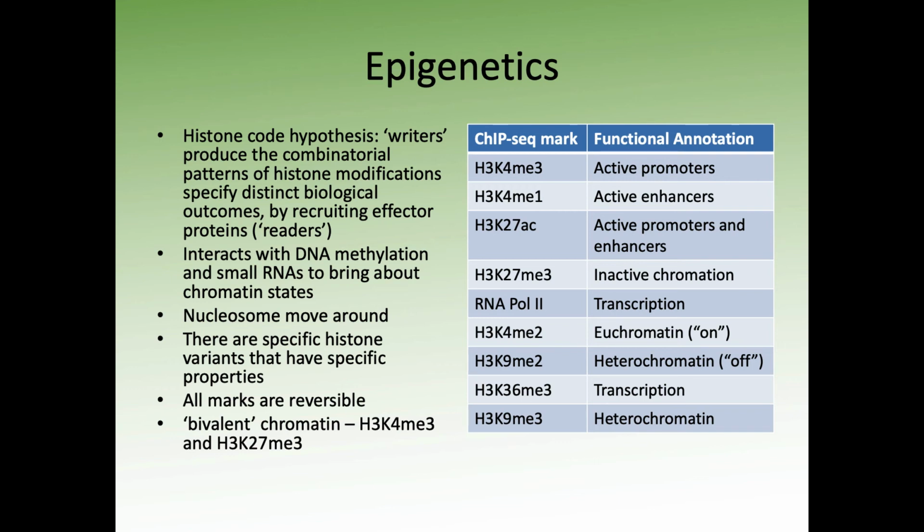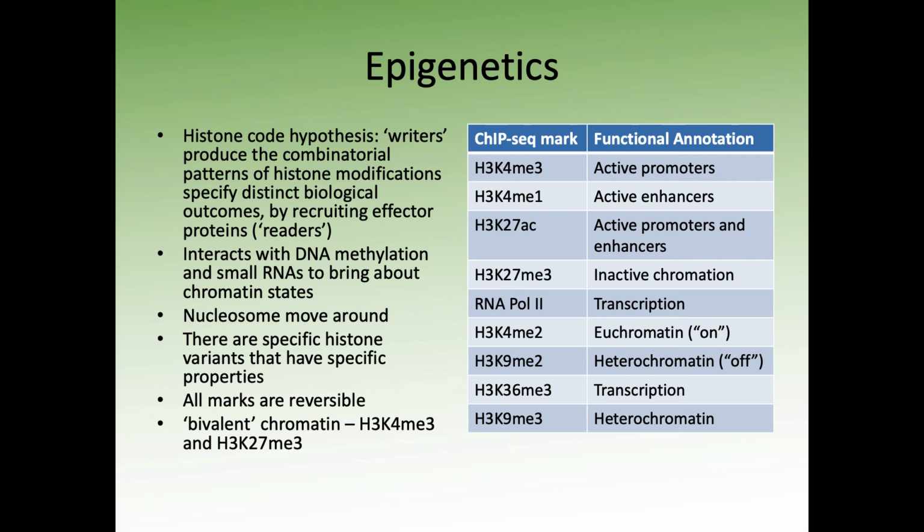H3K27me3 can show an inactive chromatin. RNA polymerase can show where transcription is happening. H3K4me2 can show where euchromatin is, and H3K9me2 can show where heterochromatin is. And so these are some of the major modifications that we might want to be aware of.